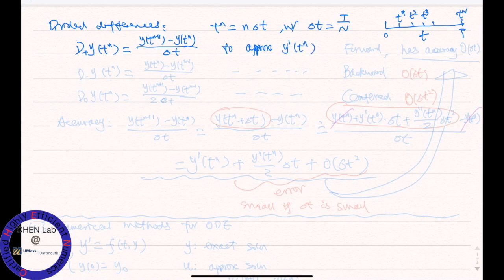At Tn, you go to the next step, forward, which is why it's plus. The D minus at Tn, you go backward: y at Tn minus y at Tn minus 1 divided by delta t. This is also to approximate y prime at Tn, and this is backward, okay?